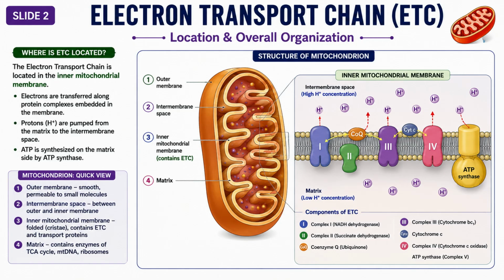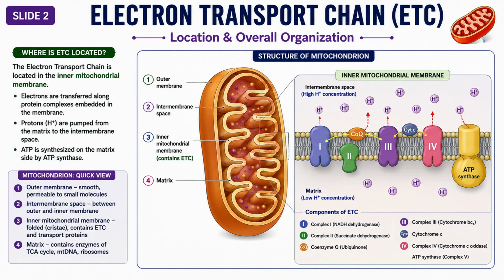The ETC contains several major protein complexes embedded in the inner mitochondrial membrane. These include complex 1, complex 2, complex 3, and complex 4. Two important mobile electron carriers, coenzyme Q and cytochrome C, transfer electrons between these complexes.